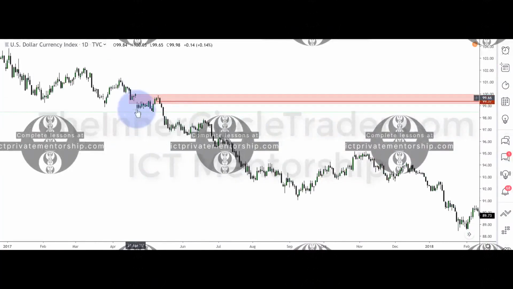So we have a gap that's a standard gap in here that does get filled on the daily. But notice, even though that gap fills on the daily chart, it is a volume imbalance on the weekly.